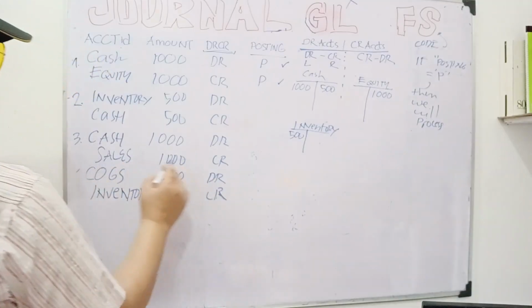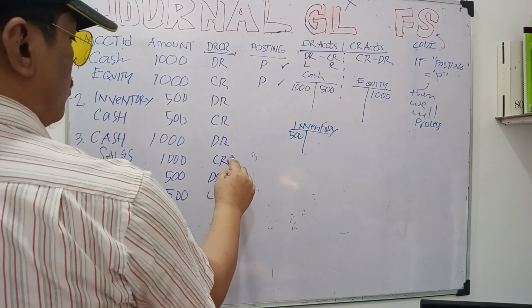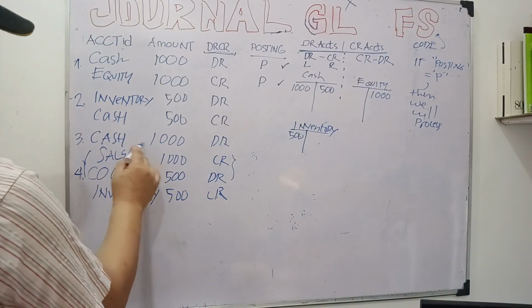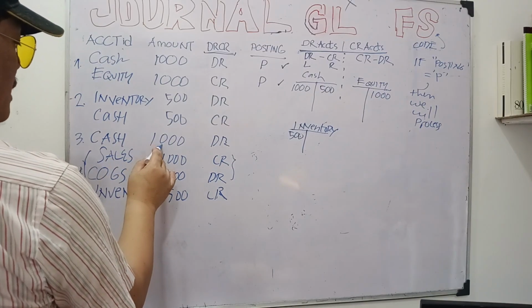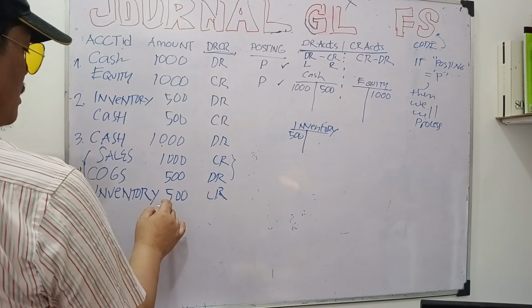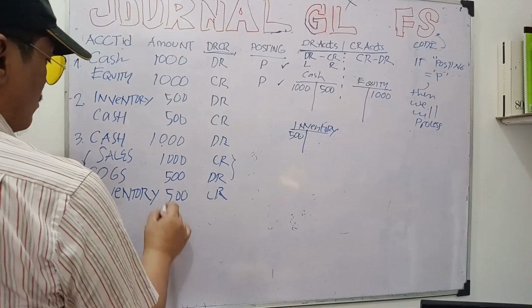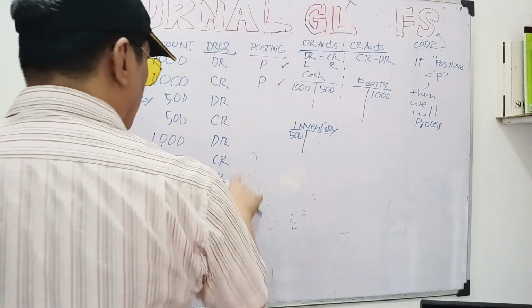So you look at this fourth entry we have. As you can see, if we take this 2 out, it's like saying that we received 1,000 pesos, parted with 500 pesos cash, and the income is 500. But we will not confuse you with that.